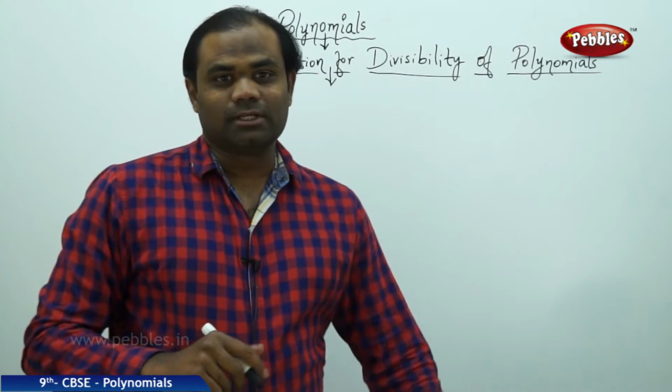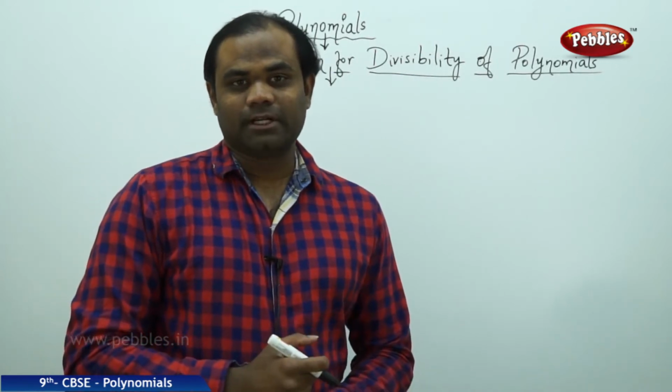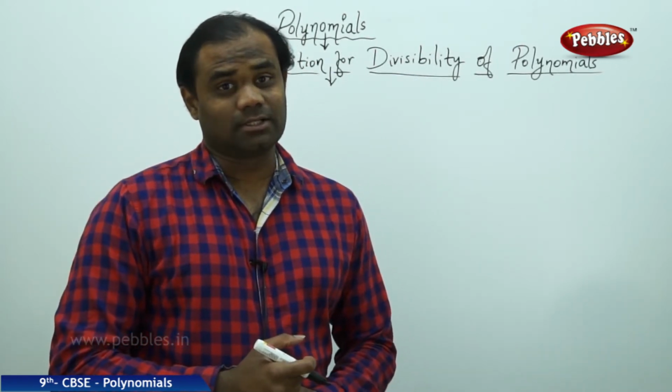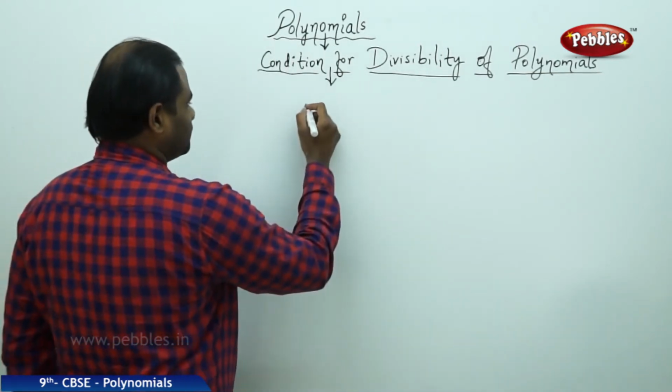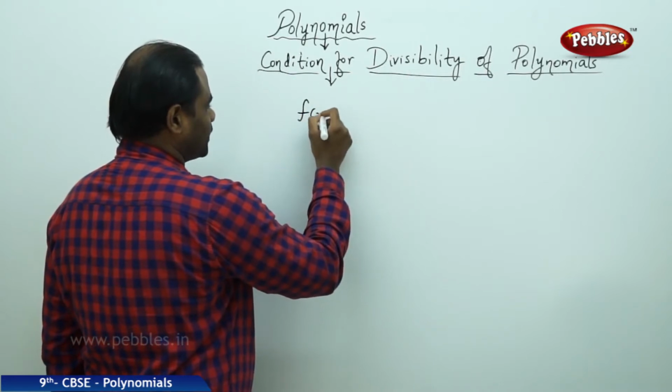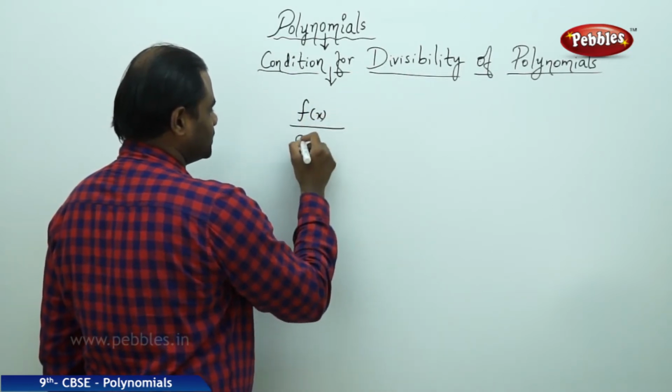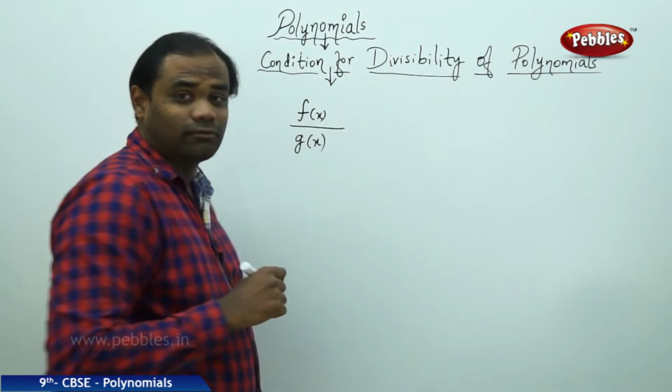Condition for divisibility of polynomials. Let's see how the condition exists for two polynomials being divided. For example, I have a polynomial f of x which is divided by another polynomial, say g of x.